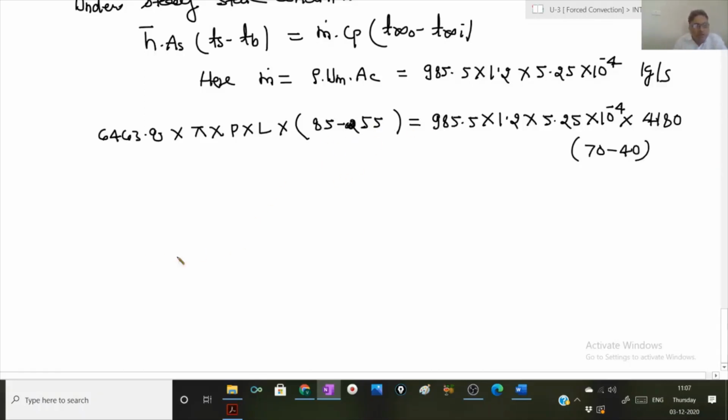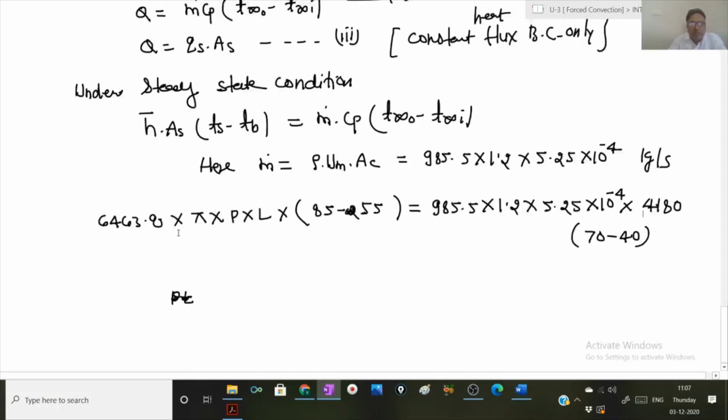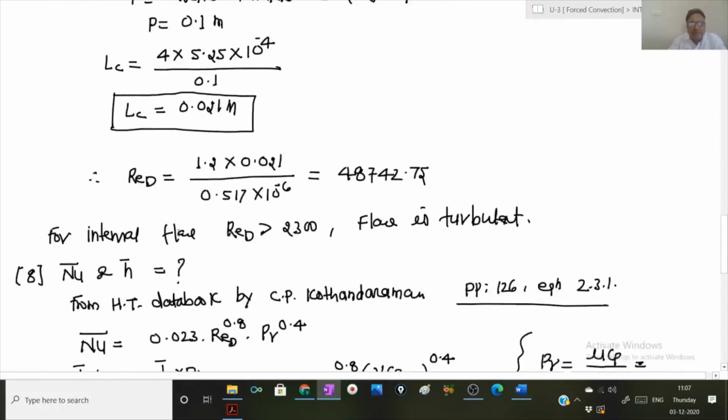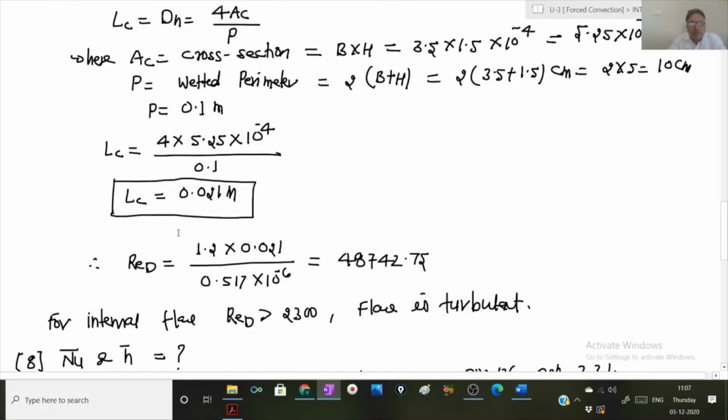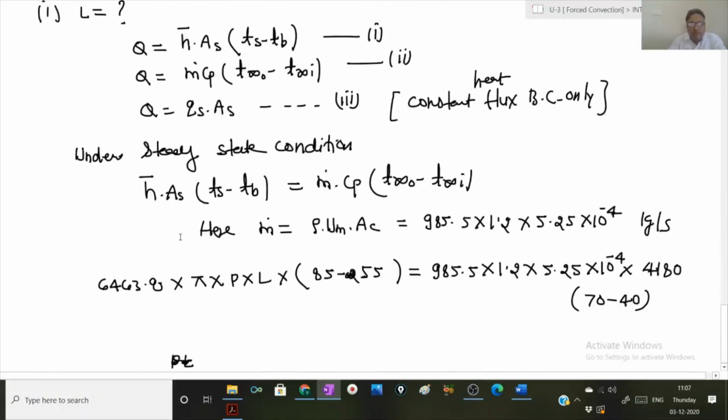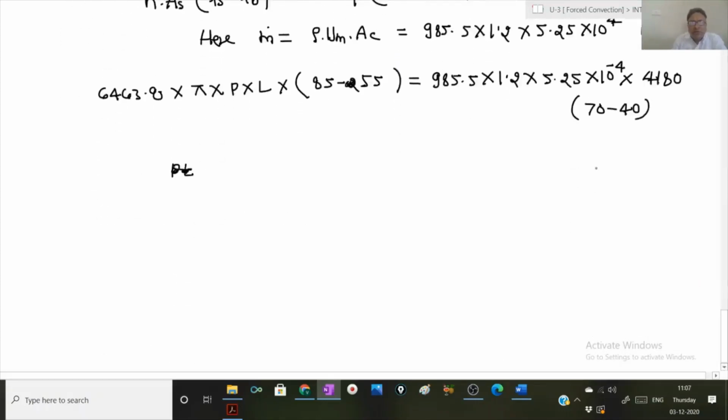Here the value of PL can be, here value of P can be taken as we have calculated earlier, 0.1 meter, because surface area can be taken as perimeter into length.